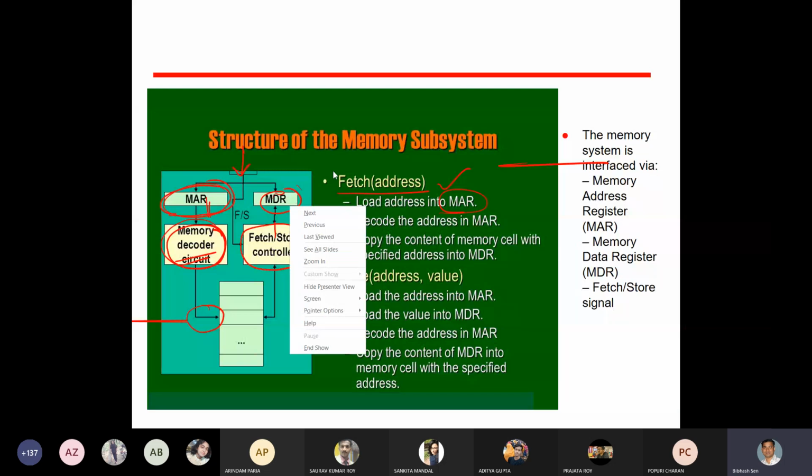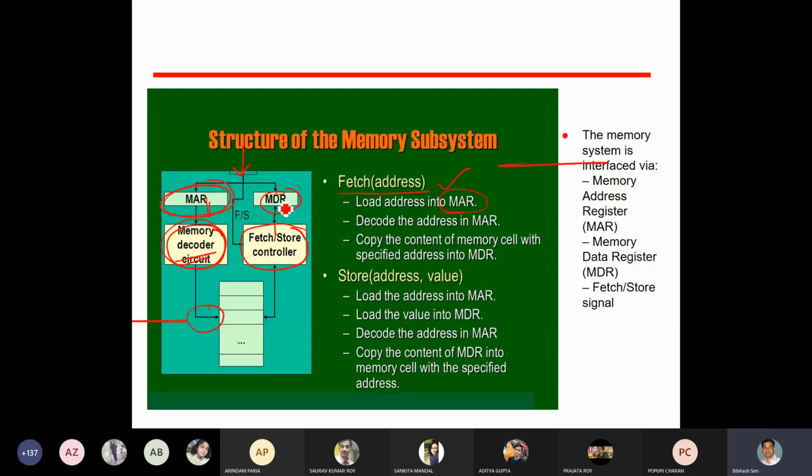Is this point clear to all of you? Data will be loaded now into the memory data register. If it is found to be an instruction, then it will go to the IR. Otherwise, it will go directly to the register. Am I clear? So this is our memory subsystem. It can be a register bank, it can be memory. During storing, again it will be loaded to the memory.